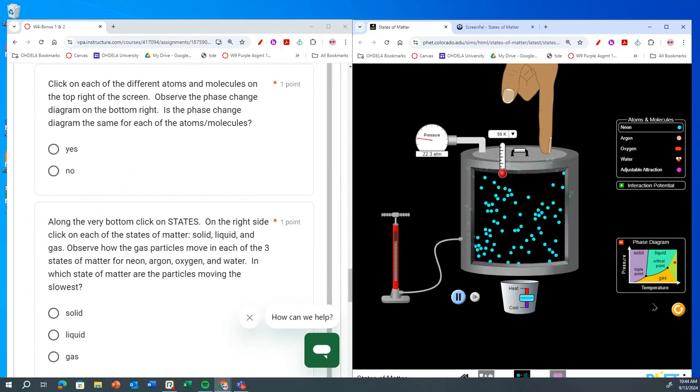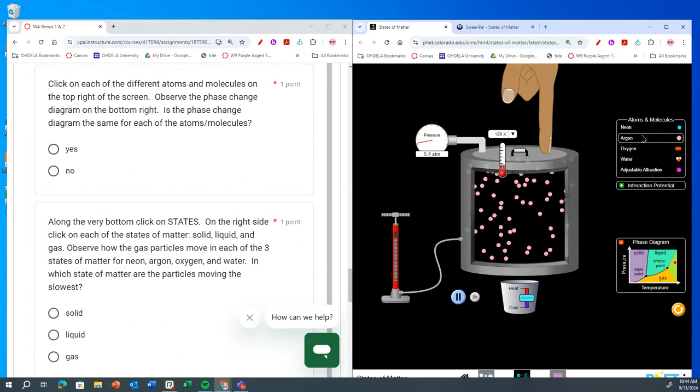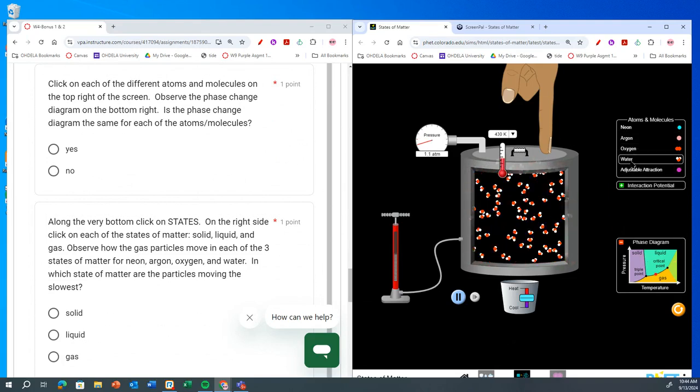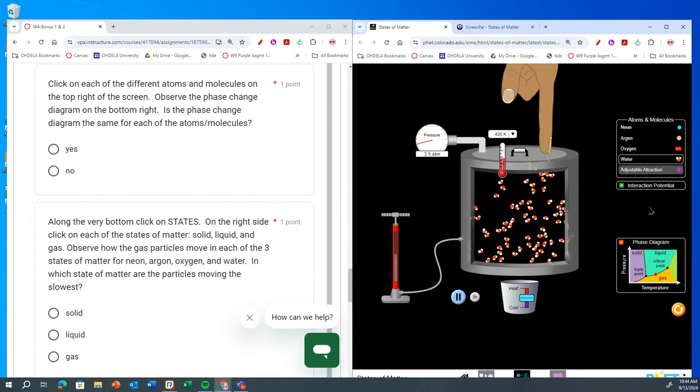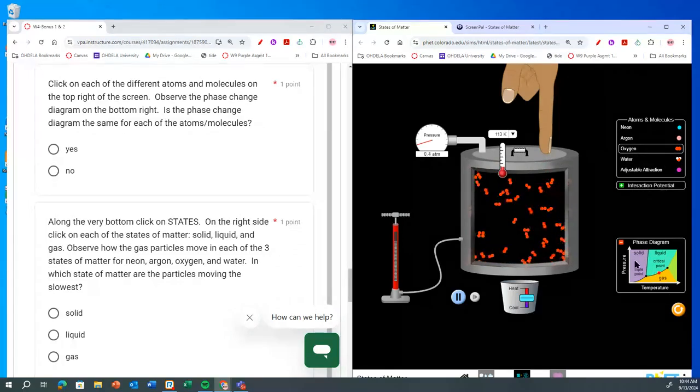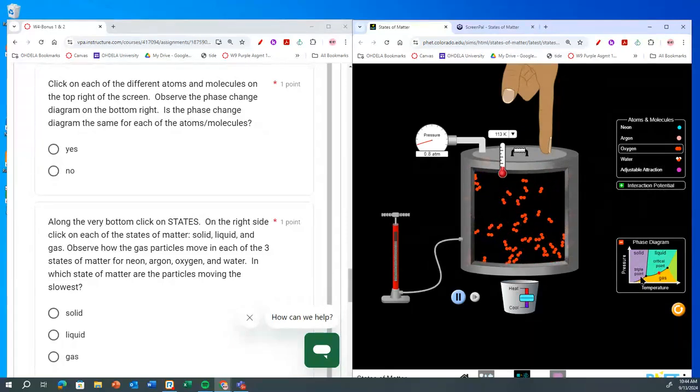So the phase change diagram, is the phase change diagram the same for each atom? So if we look at this, so they aren't the same. If we look at the different, the change from solid to liquid to gas is different.